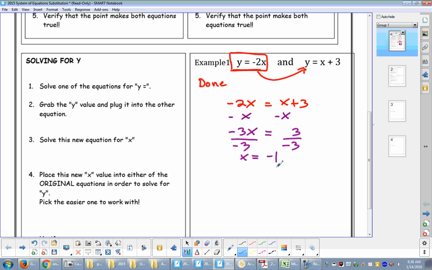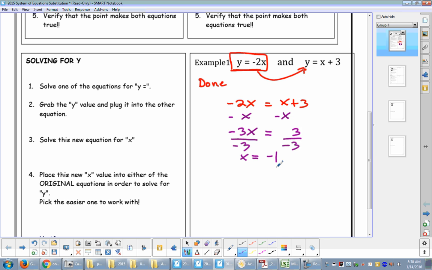Now, once you have a value for x, place this new x value into either of the original equations in order to solve for y. You have the option of choosing the first equation or the second equation. I would just use my first equation.